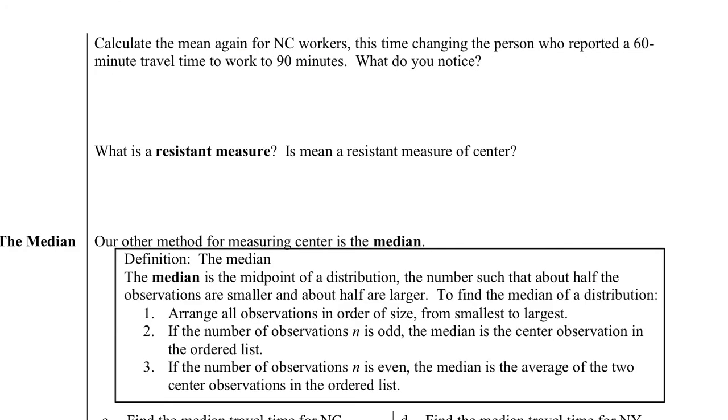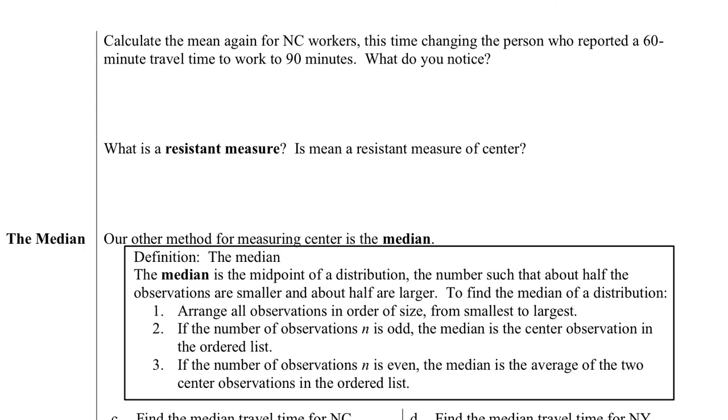Now what we're going to do is change one of our values in our North Carolina workers and see what happens here. We're going to change the 60-minute travel time to 90 minutes. So basically, I just need to add 30 minutes onto my sum. So I end up with 24.467 minutes.